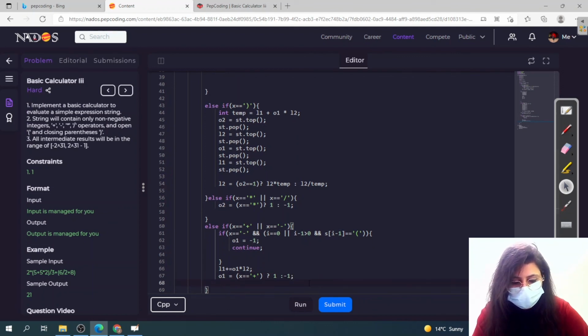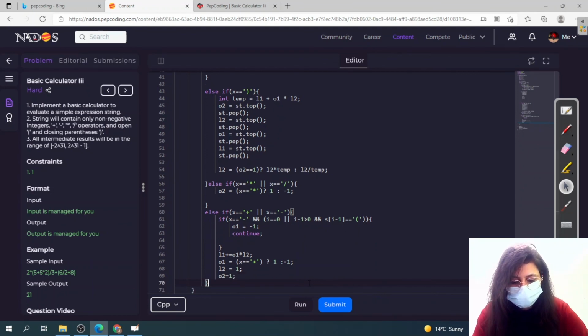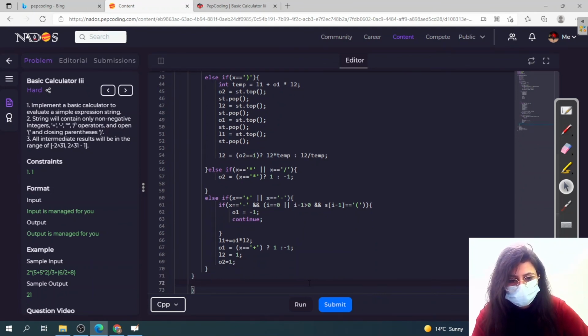Right. And L2 will be restored to 1 and O2 will be restored to 1. After this, we'll return L1 plus O1 into L2.